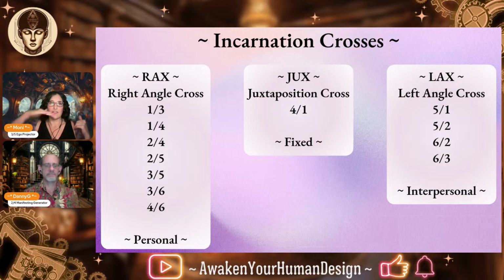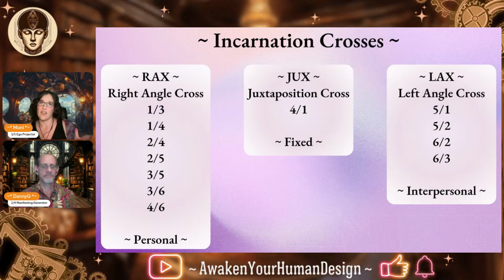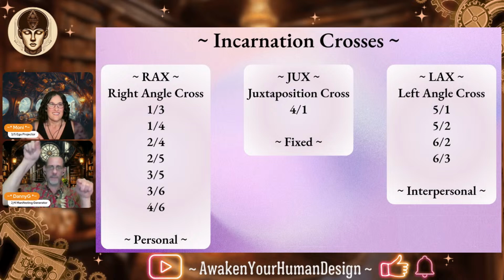And then it kind of step-stairs its way from the 1-3 to the 1-4, to the 2-4, to the 2-5, to the 3-5, to the 3-6, to the 4-6. Those are all right angle crosses. And that creates the ladder. It looks like a Jacob's ladder. It's inching back and forth, just like you'd expect our genome to do.